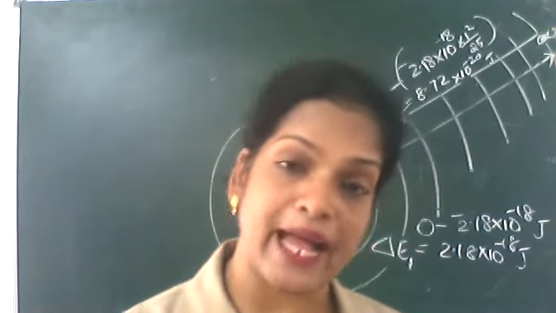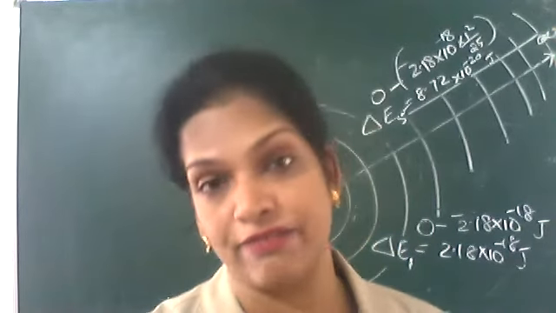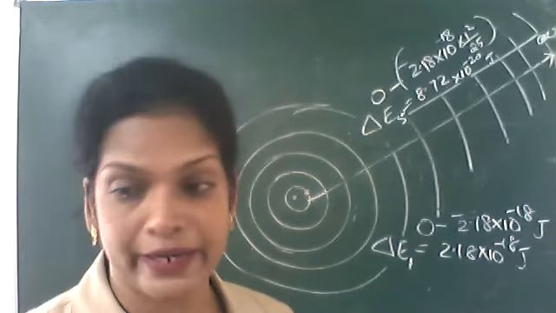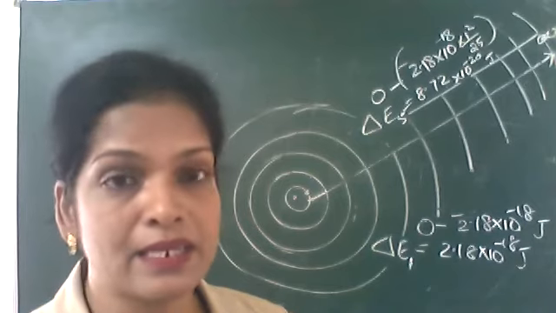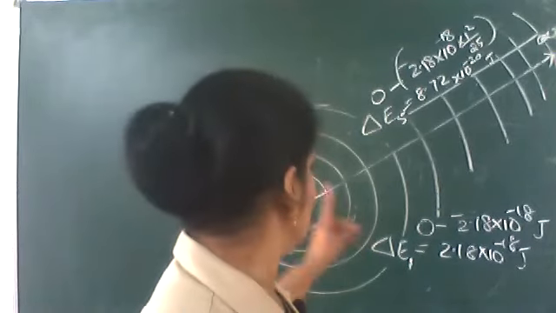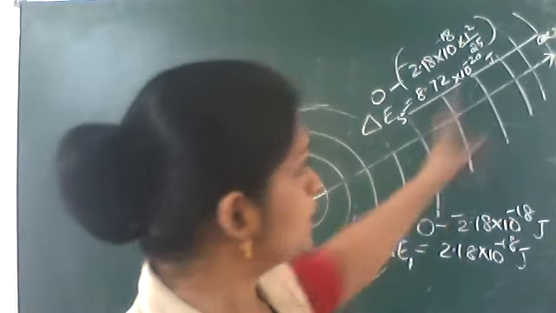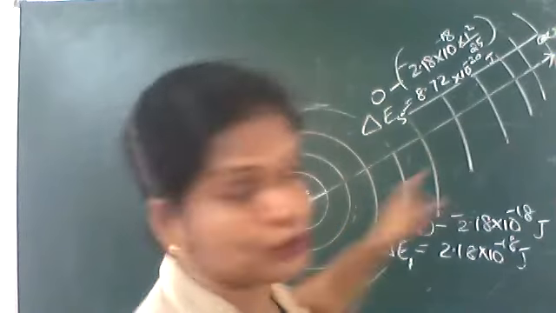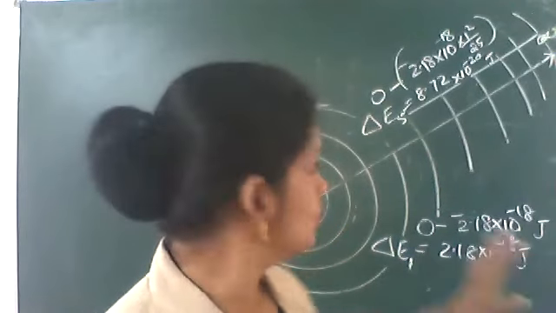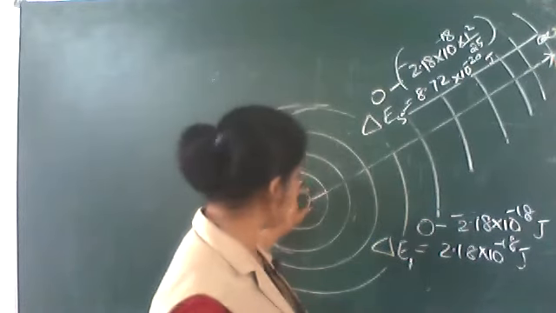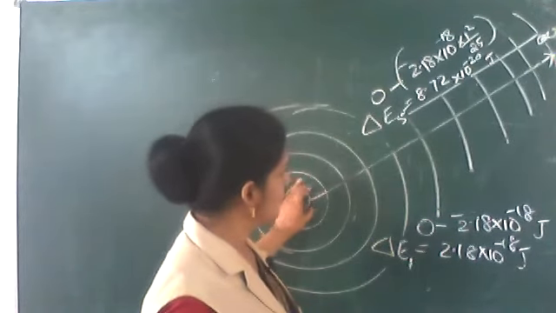Delta E1 is 25 times delta E5. All right. So comparing your answer with the I.E. of hydrogen atom means you are comparing energy from first to infinity divided by from fifth to infinity. So you have to give 25 times greater.